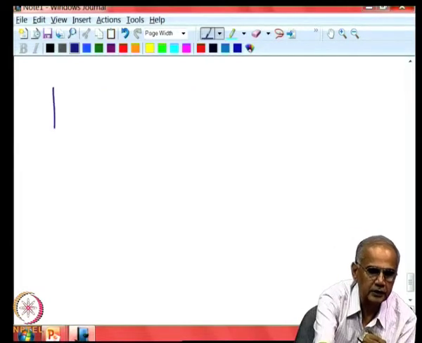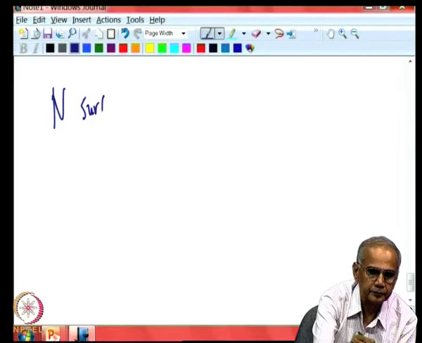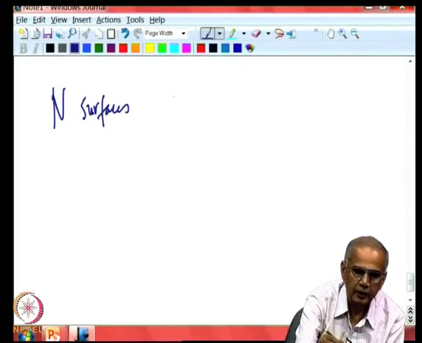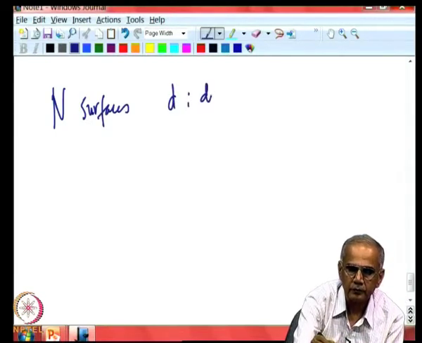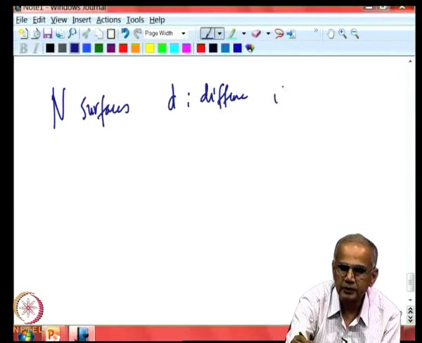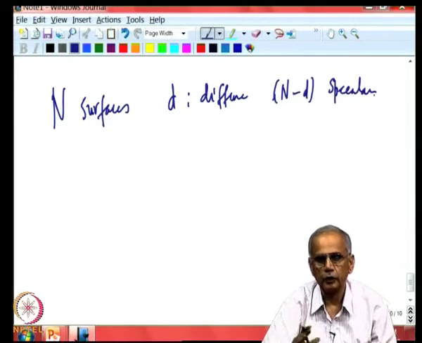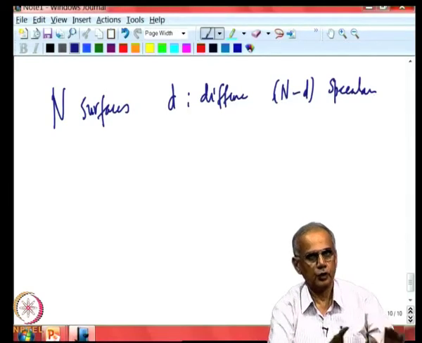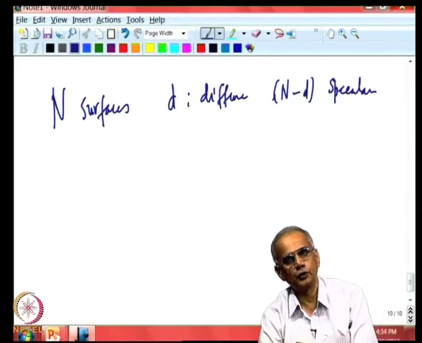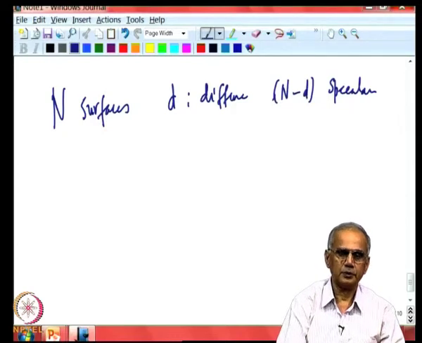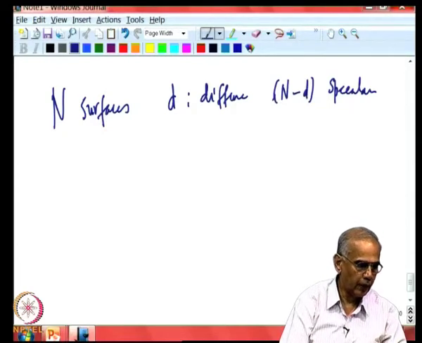The general problem has n surfaces, of which d are diffuse and n minus d are specular. So, divide the enclosure into two kinds, those which are diffuse reflectors and those which are specular reflectors.